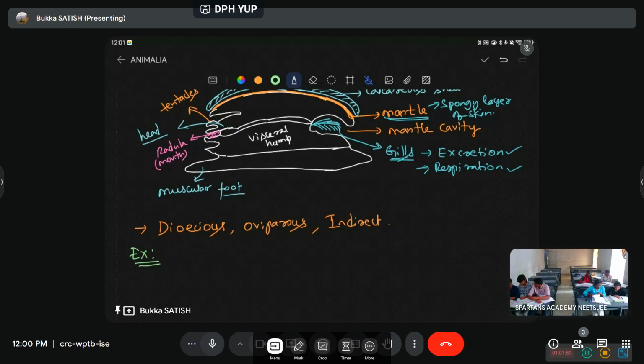Yes, ma'am, what is that? 129. Yes, I checked it. But there is no other possibility, right? So it is just the forearm region. There are two bones. That should be ulna, but radius is given.